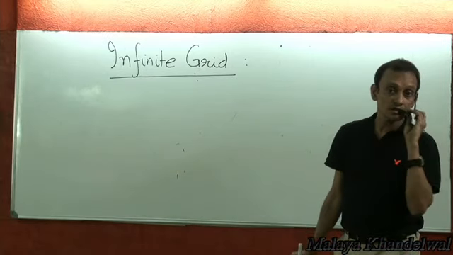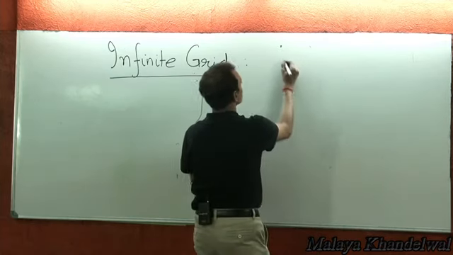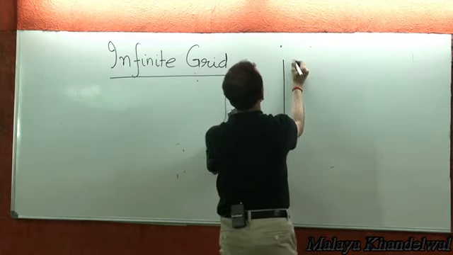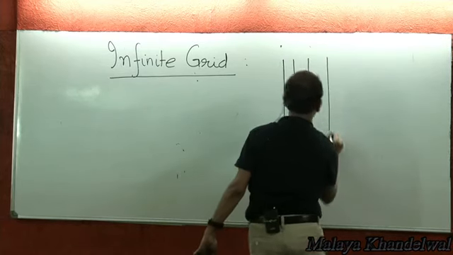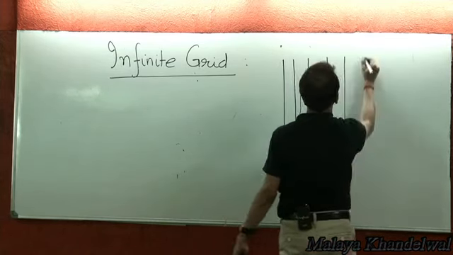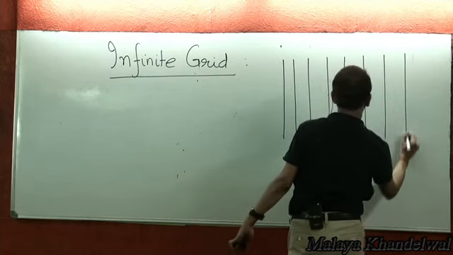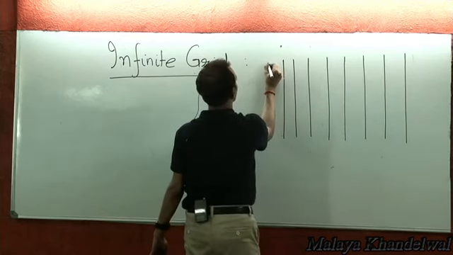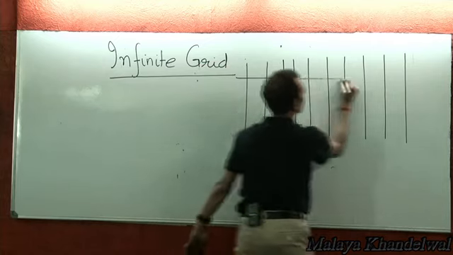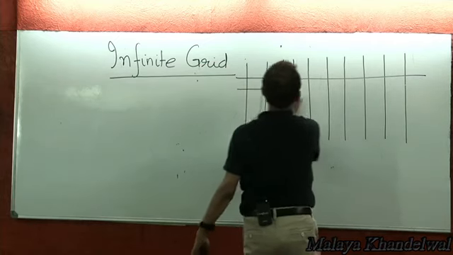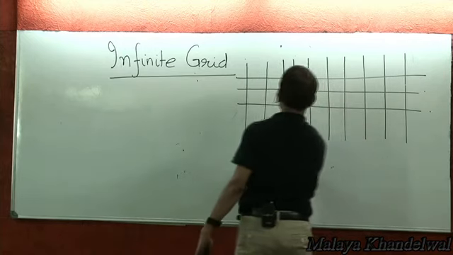Identical resistors in an infinite grid. All square elements.